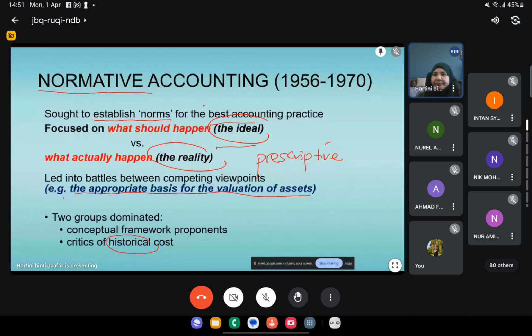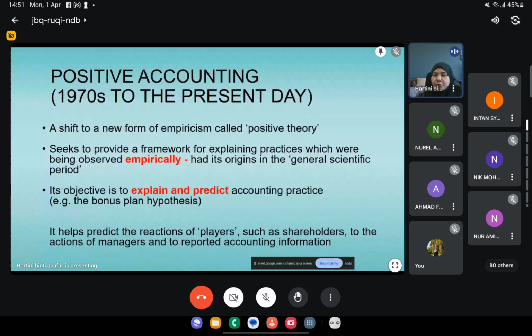Okay. So until the 1970s was the era of what they call positive accounting theory or positive accounting period. Then they shifted to a new empiricism.